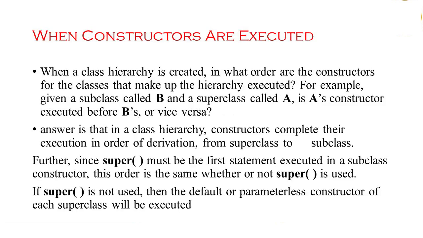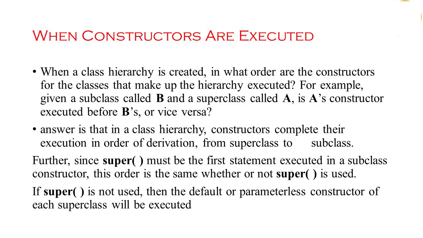When constructors are executed. When a class hierarchy is created, in what order are the constructors for the classes that make up the hierarchy executed? For example, given a subclass B and a superclass called A, is A's constructor executed before B's or vice versa? The answer is that in a class hierarchy, constructors complete their execution in the order of derivation from superclass to subclass.